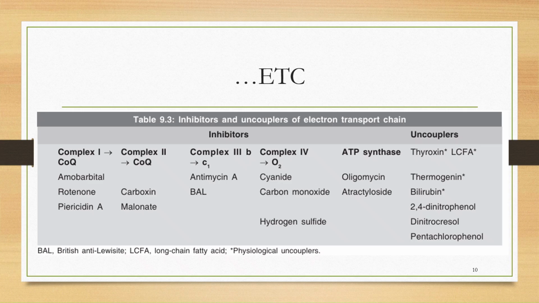So remember, we said that with uncouplers, uncoupling causes the ATP not to be produced, but what is produced instead is heat. So newborn babies and animals that are hibernating, animals hibernate usually in very cold conditions, and babies when they are born, their skin is not as protective as ours, so they have brown adipose tissue to be able to carry out electron transport, but instead of producing ATP, they produce heat instead.